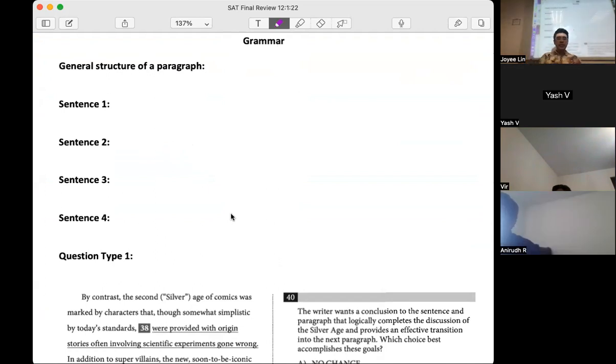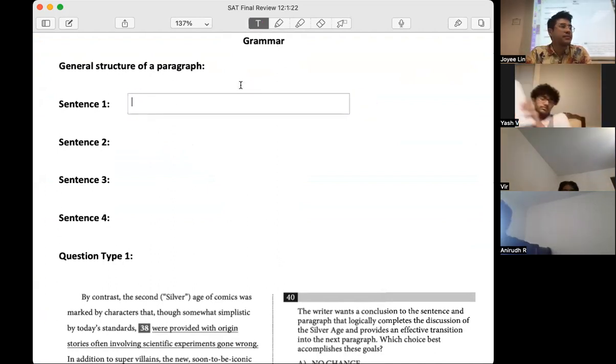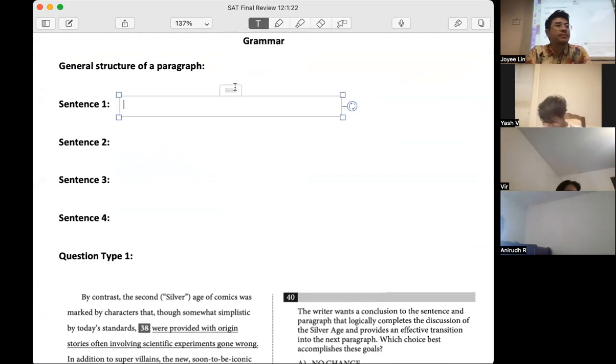Okay, let's recall what the general structure of a paragraph is. What do we do with the first sentence? Context, introduction, right? Introduce the topic, make your claim.